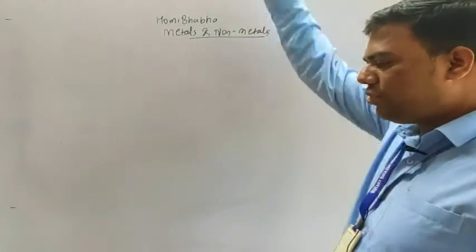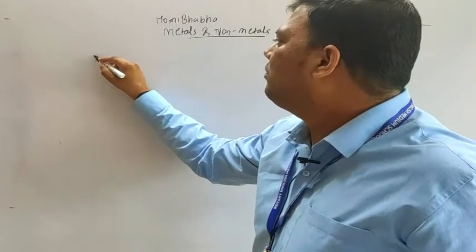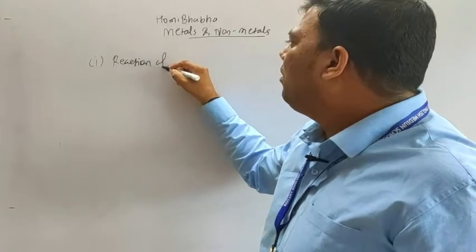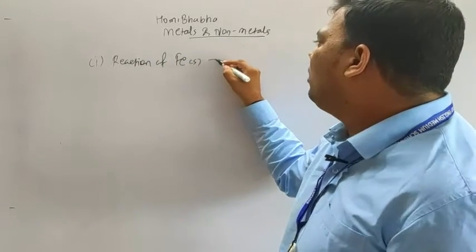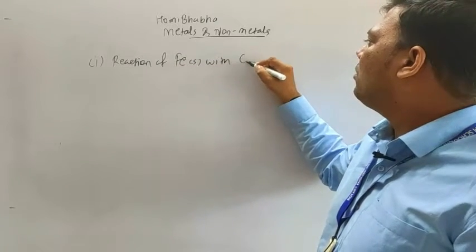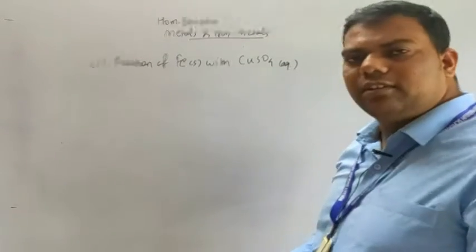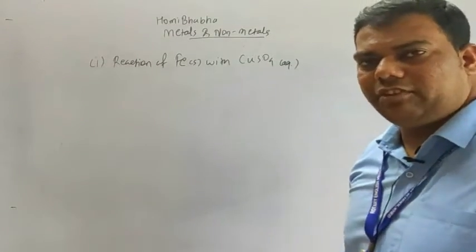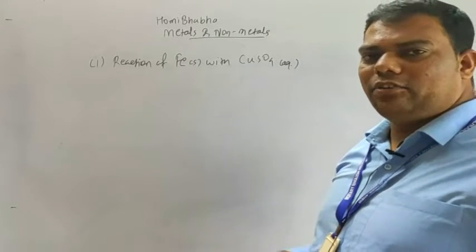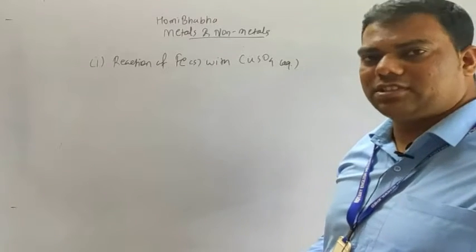First example: reaction of iron, solid, with copper sulfate, aqueous. We can perform this activity in a chemistry lab also. Suppose you take an iron nail, and in another beaker you prepare a solution of aqueous copper sulfate.